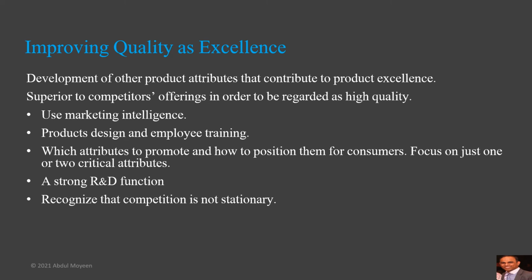Many marketing experts advocate promoting only one or two central attributes to customers. For example, you can say the performance of the product, or the durability, that this product lasts longer, or the reliability. So you just use one or two attributes and you promote them to the customers through your marketing message.